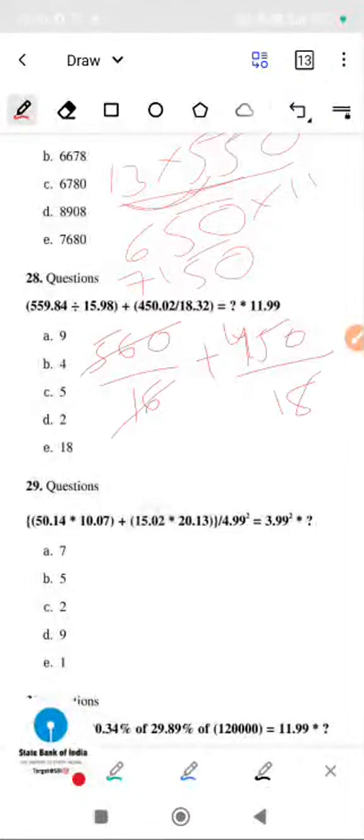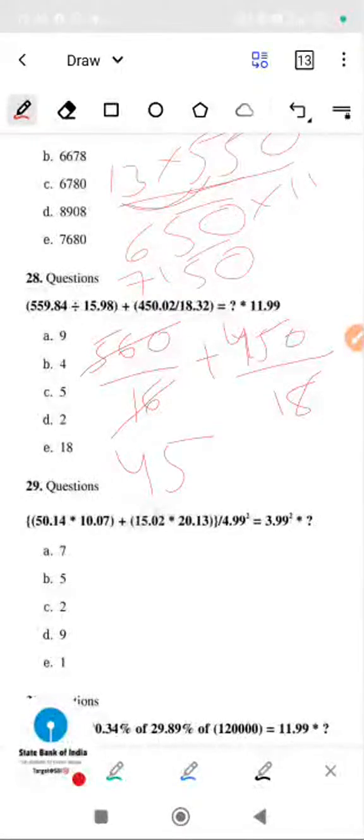So 16 4 times 38, 48 plus 80 means 5 times. 18 2 times 36, 36 and 90 means 5 times. So we get totally 70.